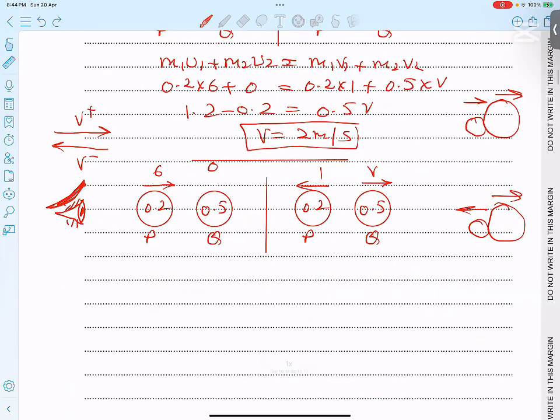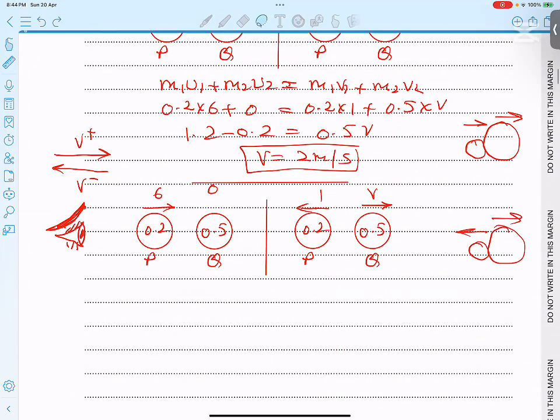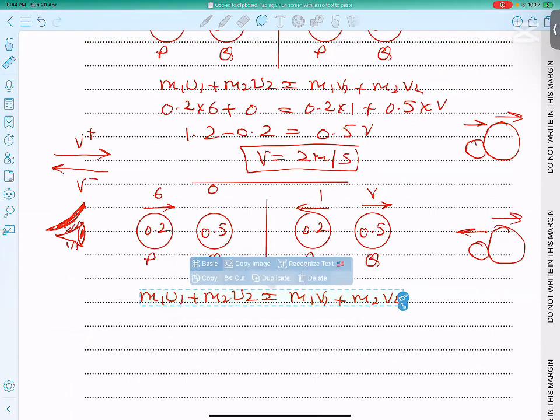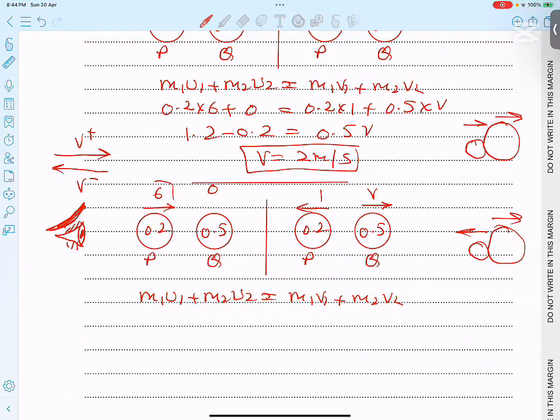So what is the way? Again, the same formula I'm going to use. It is very clear. So 0.2 times 6 plus 0, and here 0.2 times not 1 but negative 1, plus 0.5 times V. So here I got 1.2 plus 0.2 equals 0.5V.